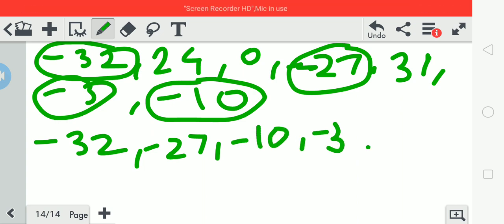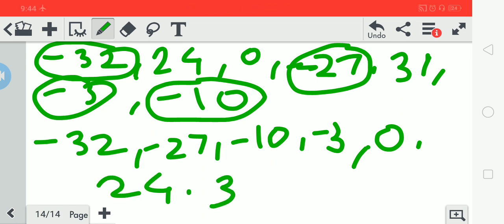Now the remaining positive numbers we simply do. The positive numbers are 24 and 0, and of these 0 is smaller. After 0, 24. In this way you have to solve the questions of ascending order. Hope you get it from both examples.